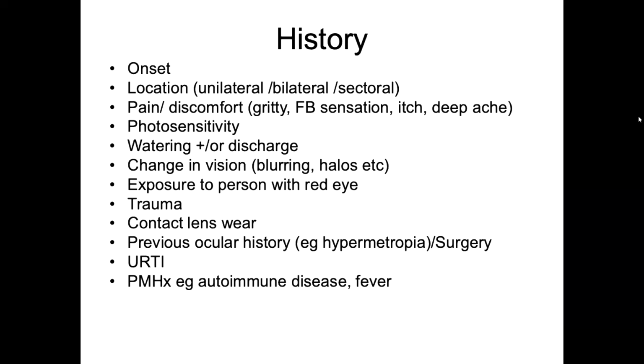How long has it been? Then the location of the redness. Is it unilateral, bilateral, or only in one sector of the eye? That's important. Then whether there is pain and discomfort, foreign body sensation, or itching, or deep ache. All that is important to differentiate. The other important thing is whether there is photosensitivity. What is photosensitivity?